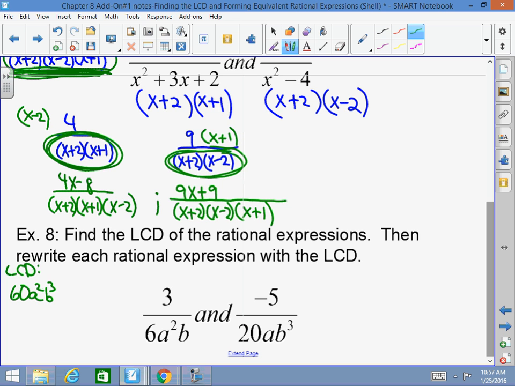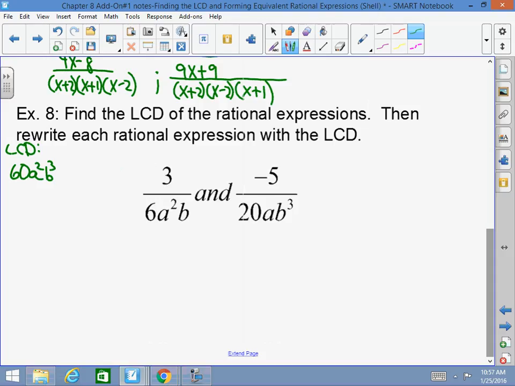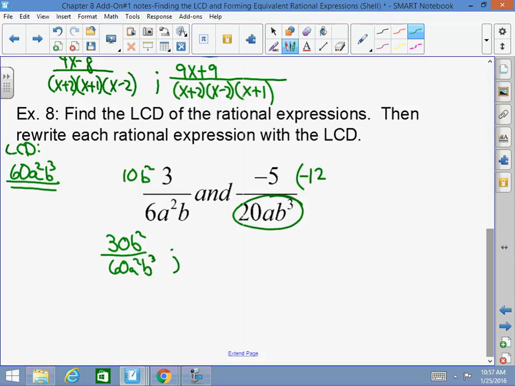What do I need to multiply to 6a squared b to get to this LCD? 10b squared. So this would become 30b squared over 60a squared b cubed. What do I need to multiply to this denominator to get to 60a squared b cubed? On negative 12, you need to multiply on a, and that's it.